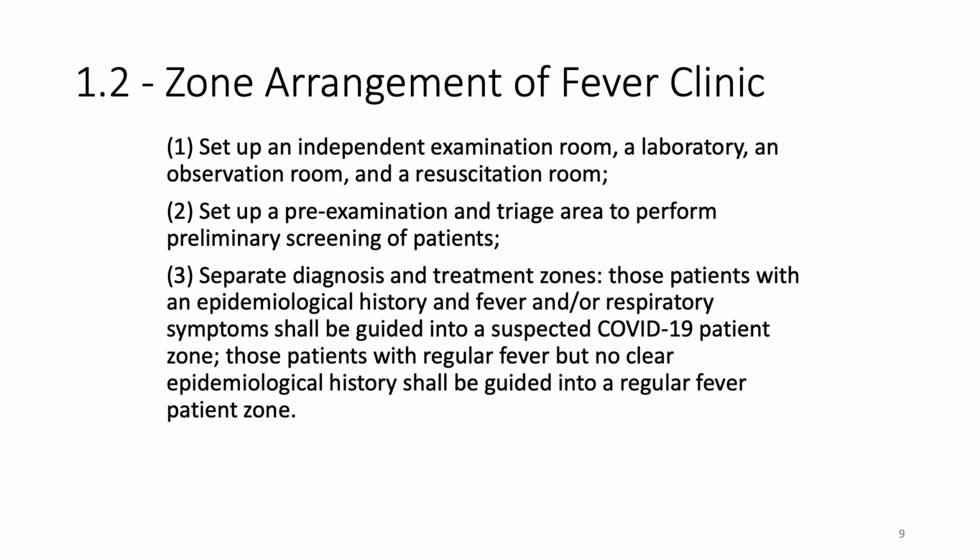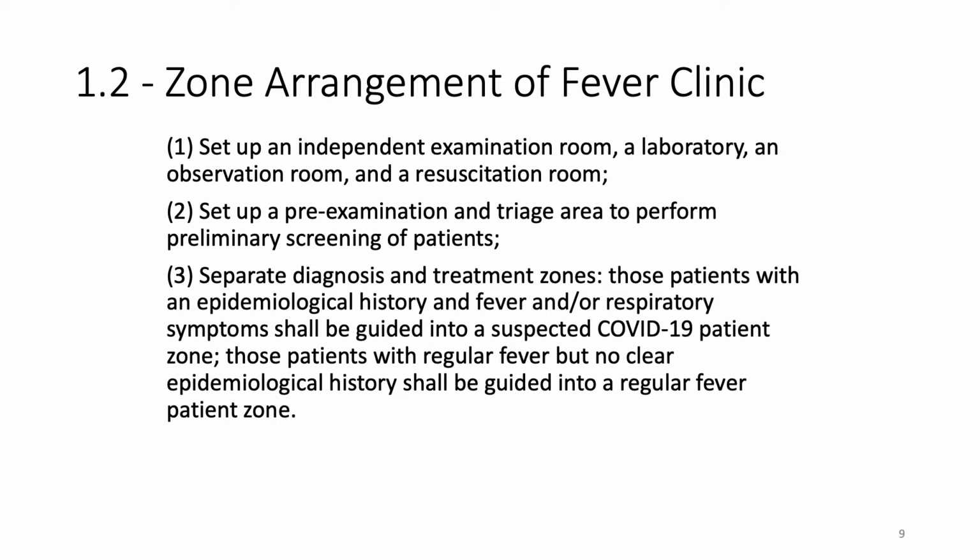1.2 Zone arrangements of fever clinic. 1. Set up an independent examination room, a laboratory, an observation room and a resuscitation room. 2. Set up a pre-examination and triage area to perform preliminary screening of patients. 3. Separate diagnosis and treatment zones.